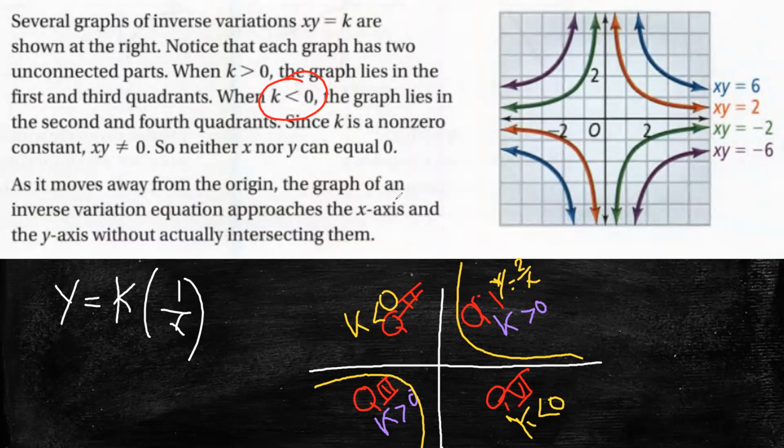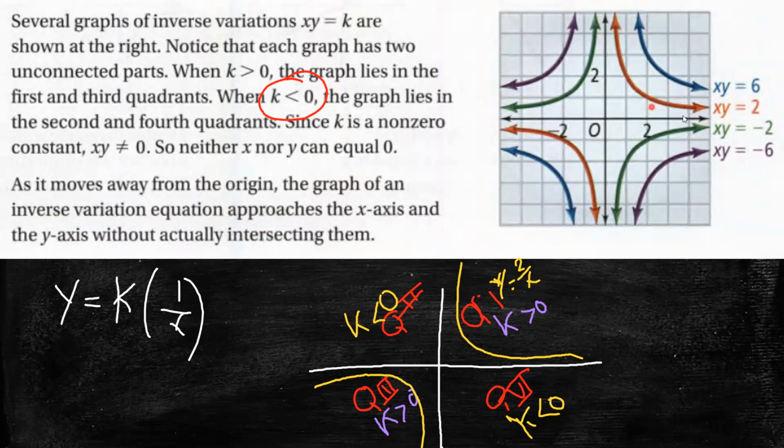Now, look here. Here we have the blue curve. This is if k is 6. So if k is 6, and 6 is a positive value, it will be in the first quadrant, here and here. But when k is 2, the curve will be stretched down.